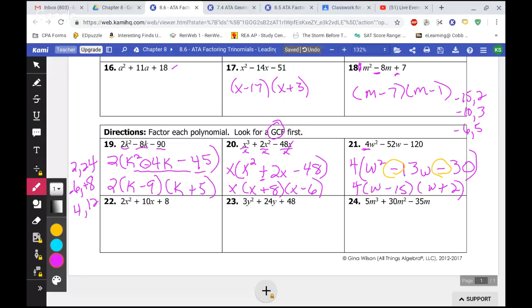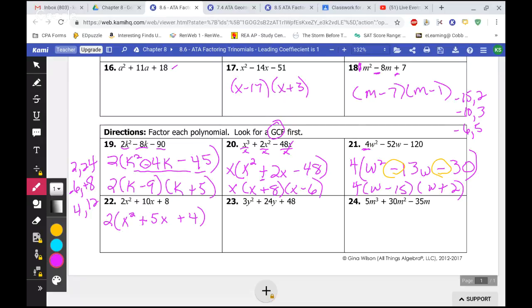All right, number 22. What do you think I can factor out of this one? A 2. Yes, good job. So I would take a 2 out, and that's going to leave me x squared plus 5x plus 4.